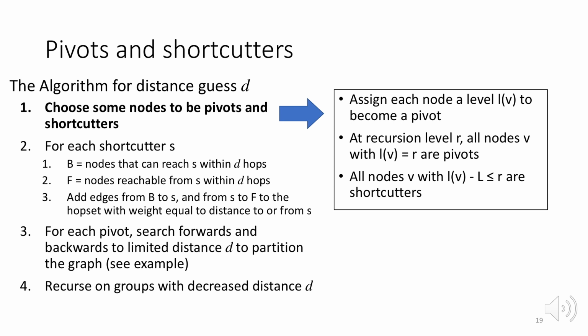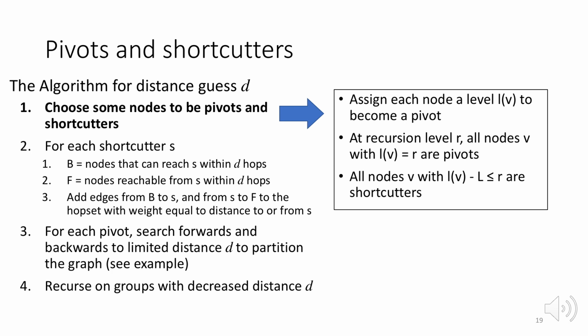And then all nodes where the level minus L is at most R are shortcutters at level R. In other words, a node becomes a shortcutter at a particular level of recursion, and then it becomes a pivot L levels later.